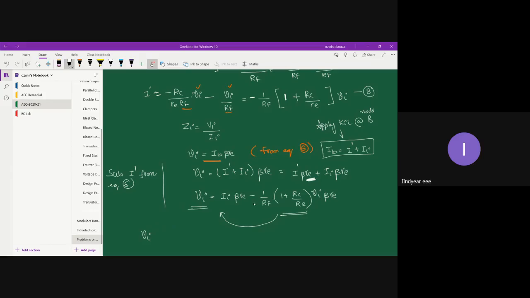When you take this on the left hand side, it becomes plus 1 by Rf into 1 plus Rc by Re. What I've done is taken capital Re. It should have been small re, into beta re.